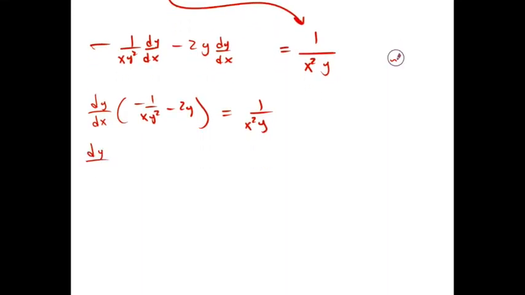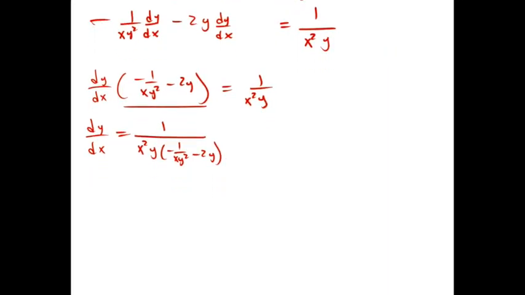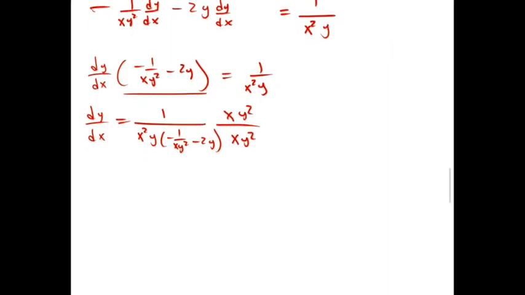Then we just divide both sides by this. And to get rid of the fractions within fractions here, we just multiply the top and bottom by xy squared. That gives us xy squared on top, and then x squared y on the bottom.